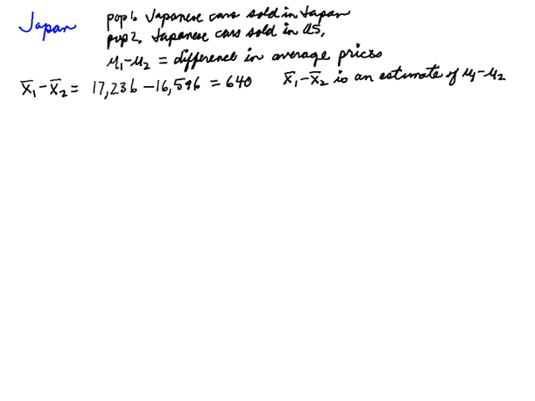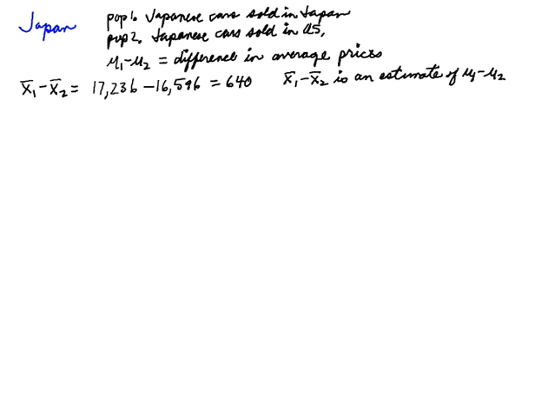So to proceed with a hypothesis test, I have to think about what am I trying to show here. And I'm trying to show that the Japanese are charging more for their cars on average in Japan than in the United States.